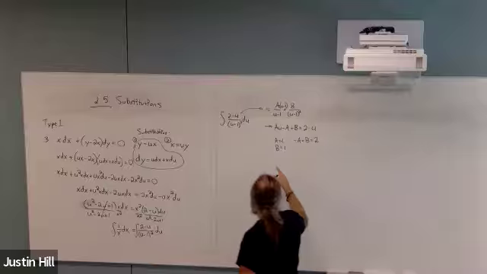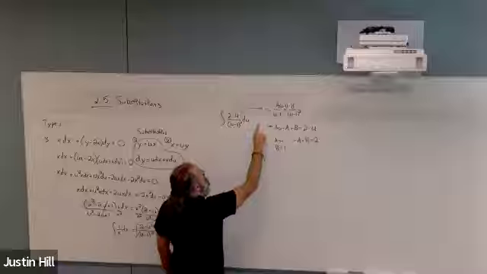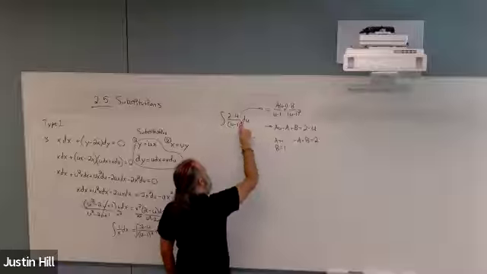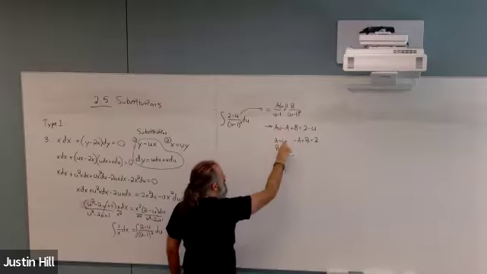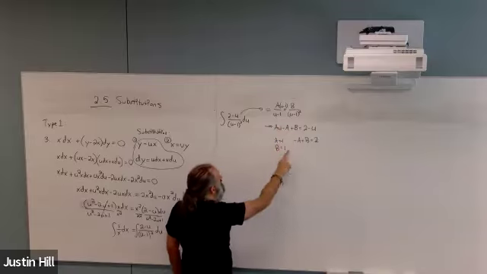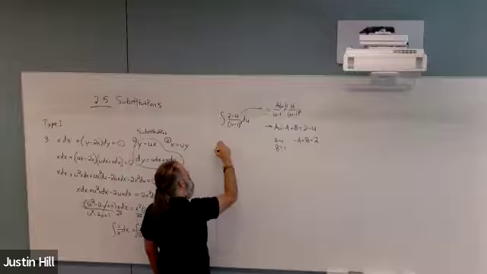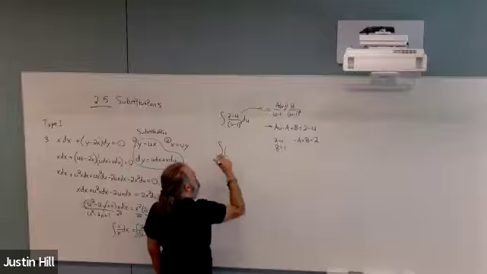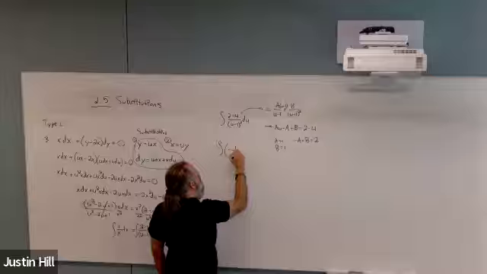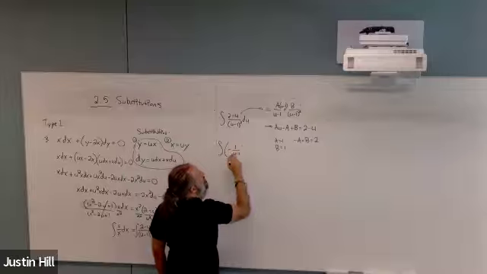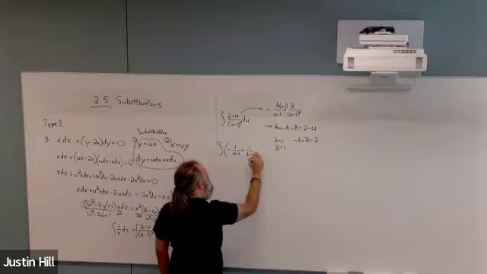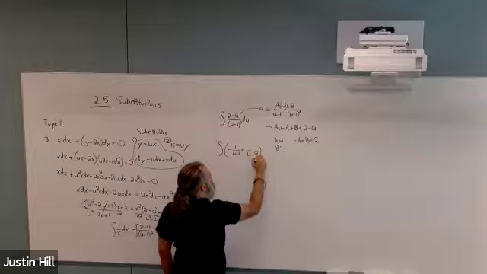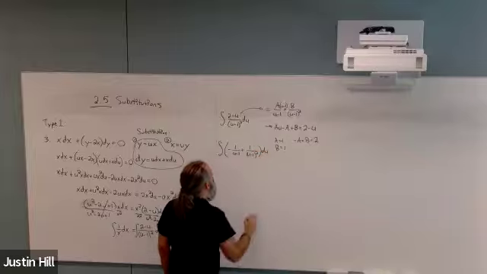So I can rewrite what I see here with -1 plugged in for A and 1 plugged in for B. So I'm really doing the integral of -1 over u minus 1 plus 1 over u minus 1 squared du.